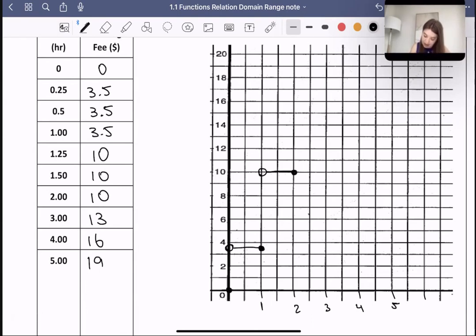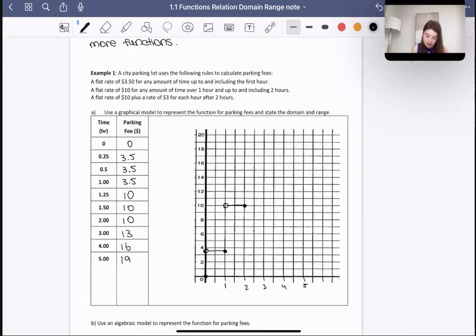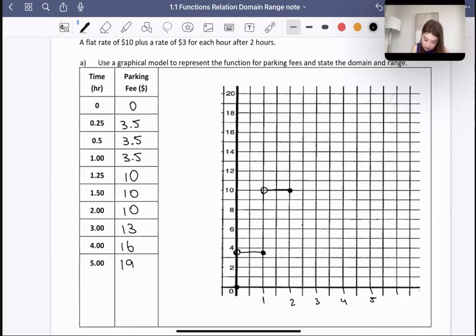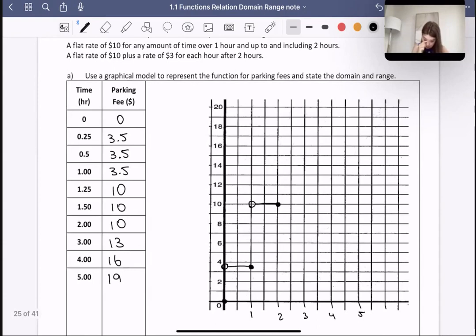And then after this point, just after 2 hours, it's a flat rate of $10 and a rate of $3 for each hour after the 2 hours. So for 3 hours, we said $13.